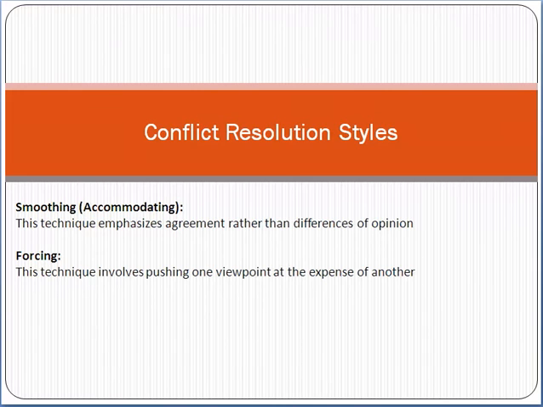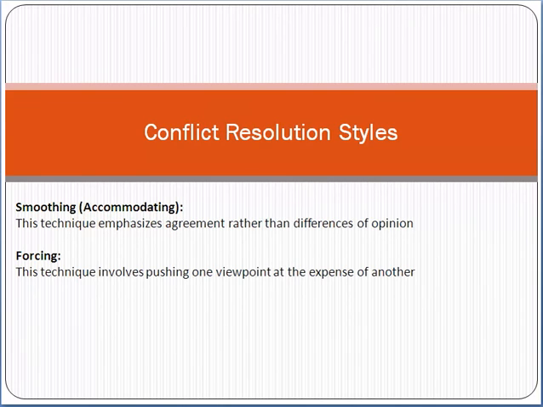So you have to focus on the agreement points. This is called smoothing and accommodating, which means that you are focusing on those points which are agreeable, and you avoid and ignore those points which are differing points.